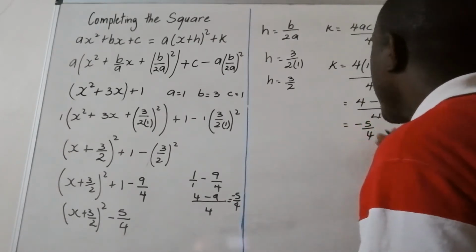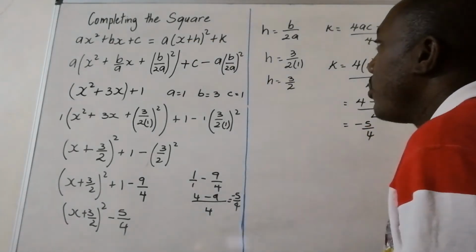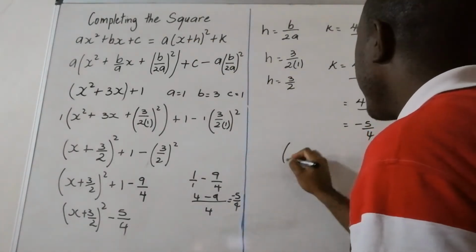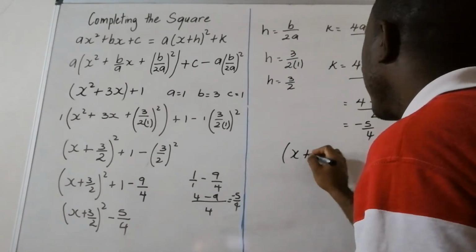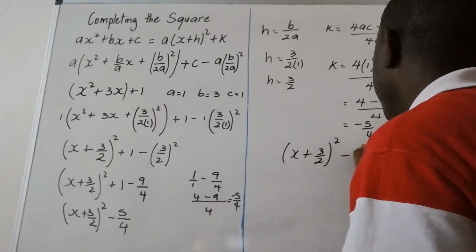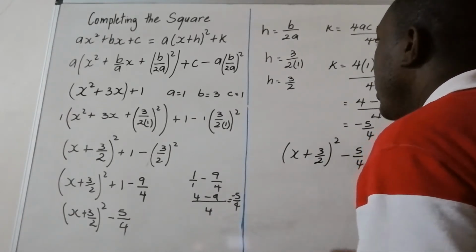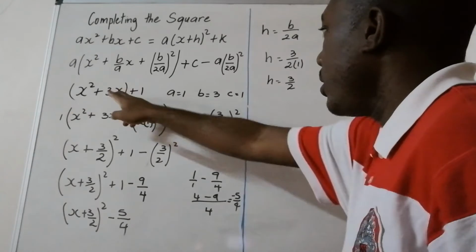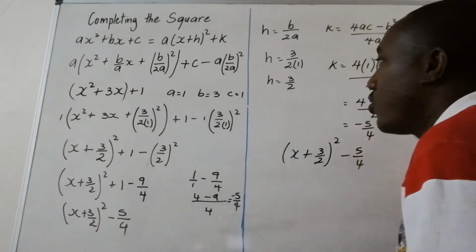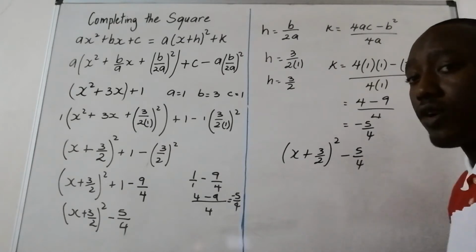Now we substitute our h and k into our completed square form. So x plus 3 over 2 squared minus 5 over 4 is equal to x squared plus 3x plus 1 in our completed square format.